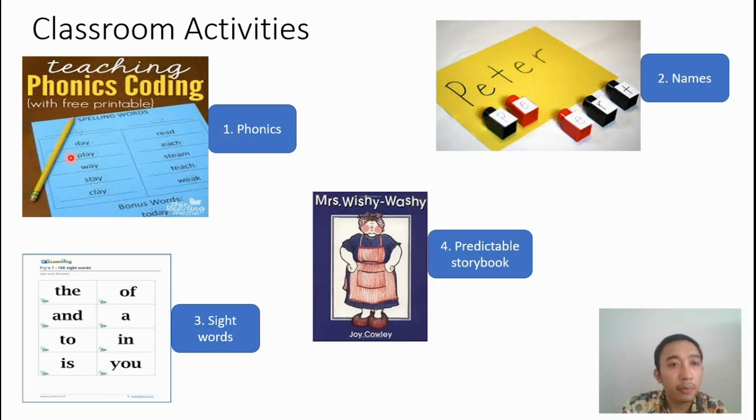For example, day, play, way, stay, and clay. The ending letters are A and Y, and the first letter can be different according to alphabetical order. Day, play, and so on.